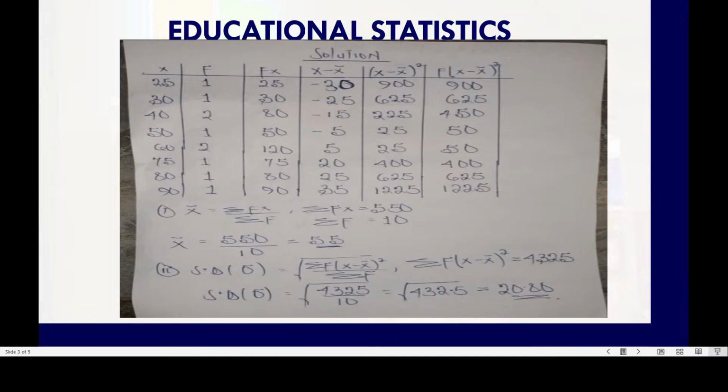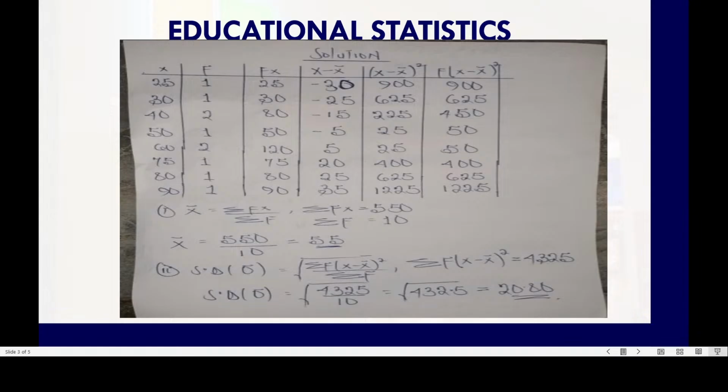Please, is there no consideration for ordering the numbers before you pick your first 5, or is this just the way it came from the question? Or does one need to order it first before picking the first 5? The question specified that you pick the first 5. It said, transform the first 5 of the scores to T scores.